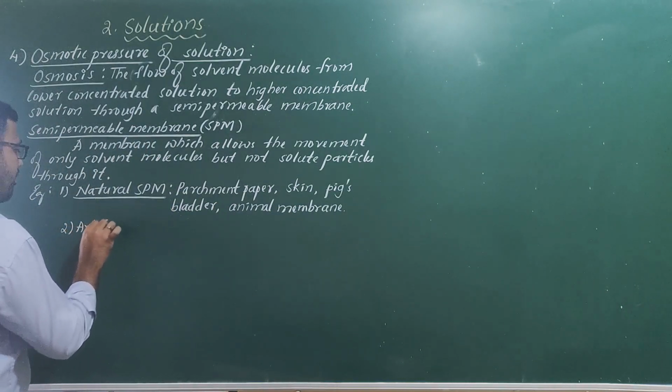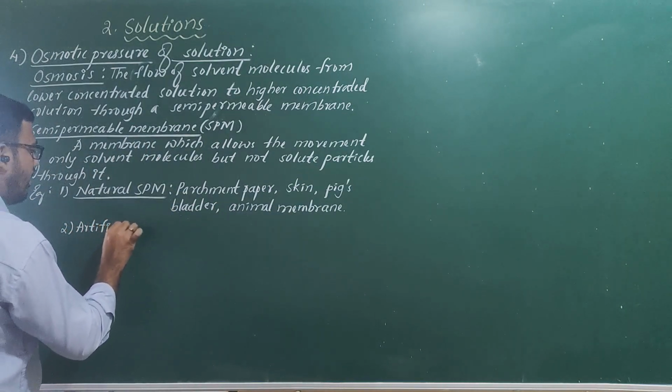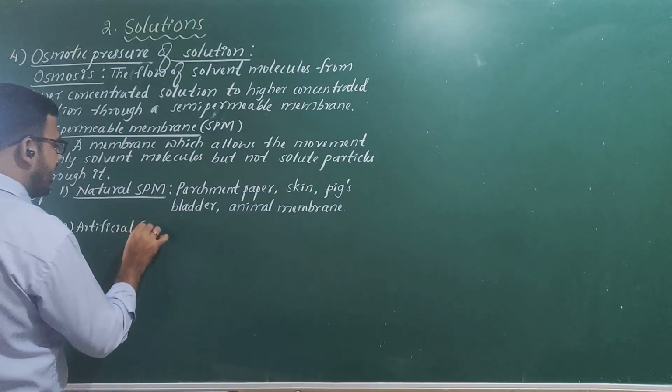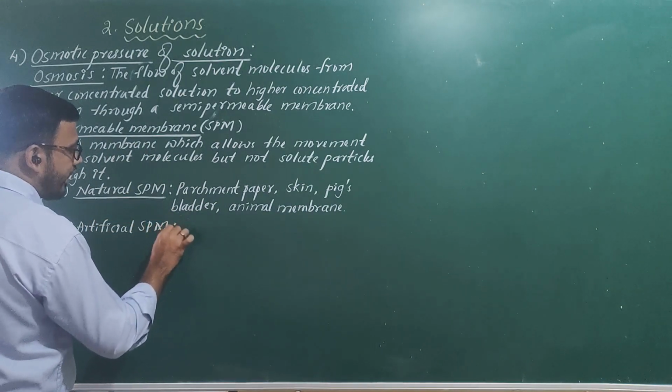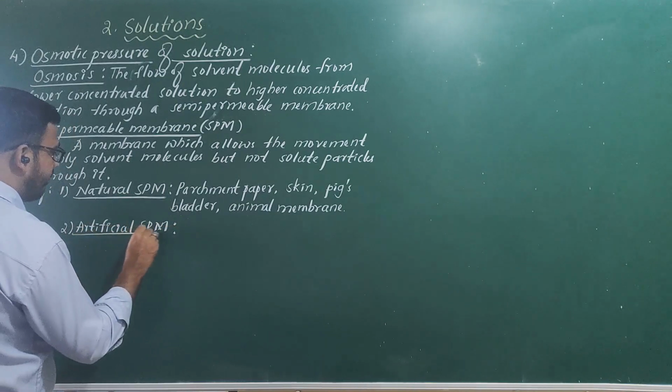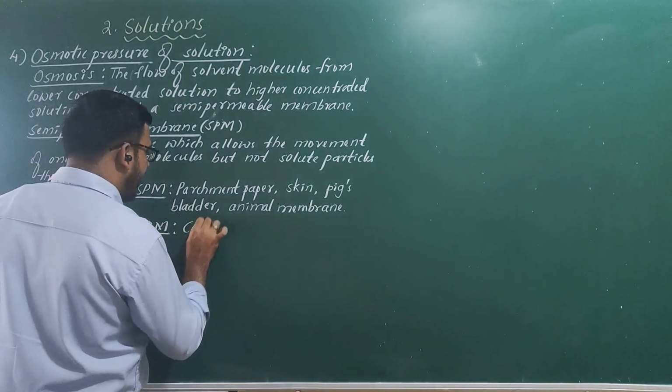Next, artificial SPM. Sometimes for 1 mark, a question may be asked: give an example for artificial semi-permeable membrane. So cellophane.